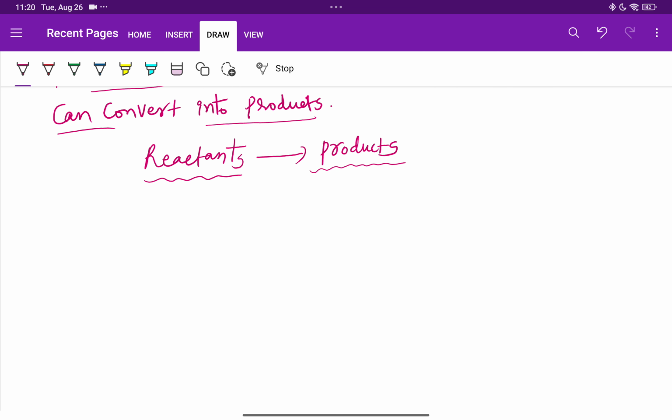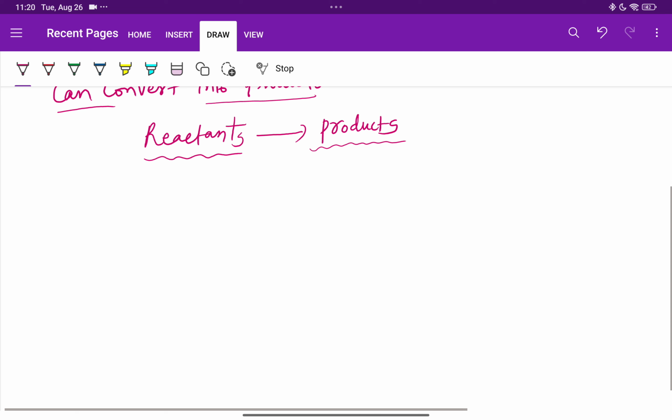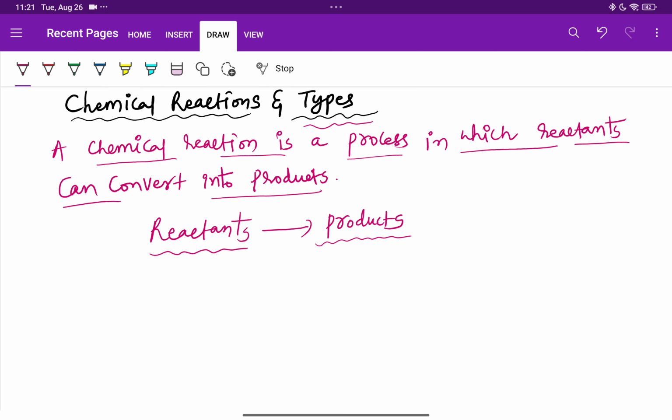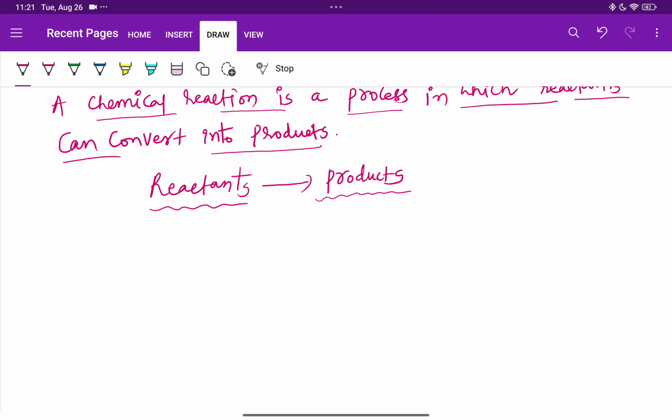How old chemical bonds will be broken and new chemical bonds will be formed, I am going to show you with examples. Then the next step is types of chemical reactions. Generally you have 7 types of chemical reactions.